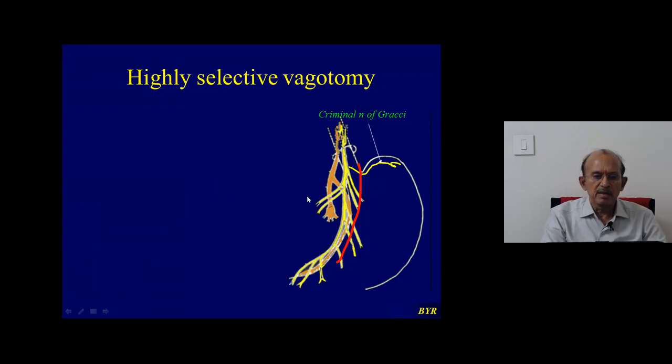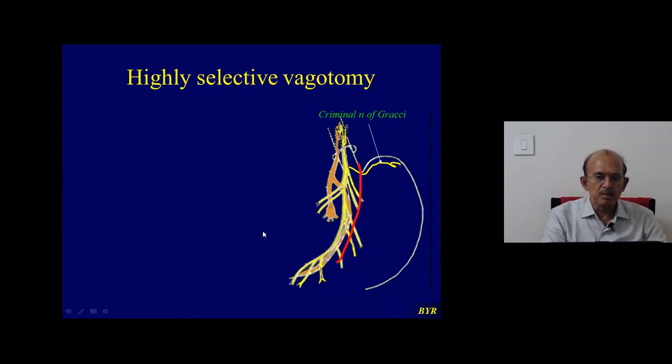Highly selective vagotomy means the vagal branches going to the secreting part of the stomach, namely the fundus and body, are sectioned. They contain the parietal cells. They secrete acid. So you section only those nerves. Leave behind the nerves which are supplying the pyloric antrum. Then this is called the highly selective vagotomy. So the highly selective vagotomy is to denervate the stomach body and fundus.